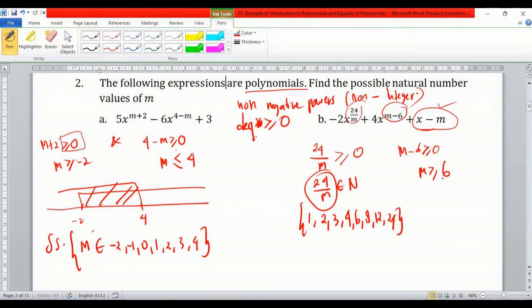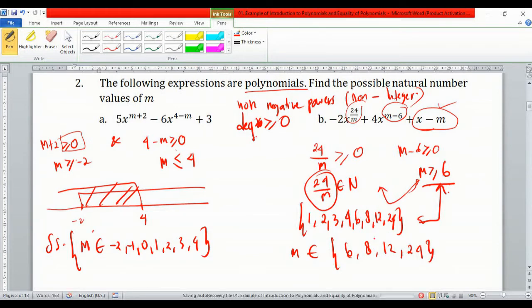This one must be more than or equal to 6, so you need to connect them. Which values satisfy both? So m is an element of 6, 8, 12, and 24. I hope you understand how to find the possible values of m.